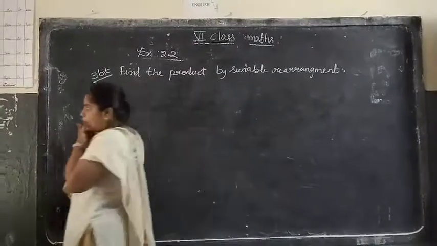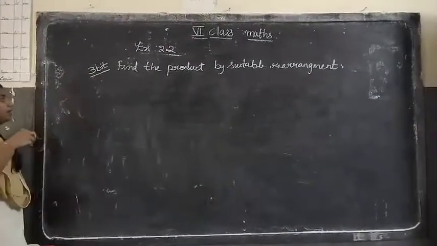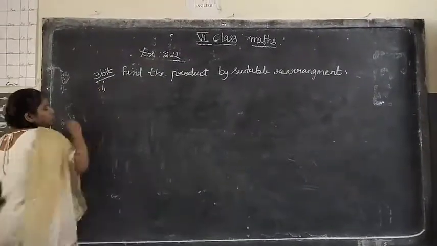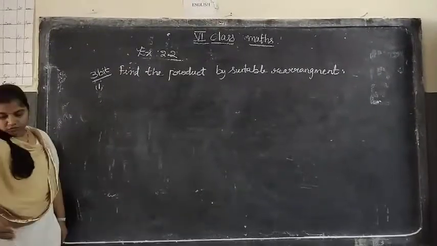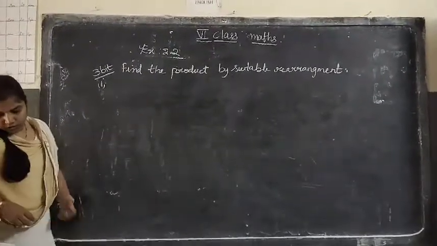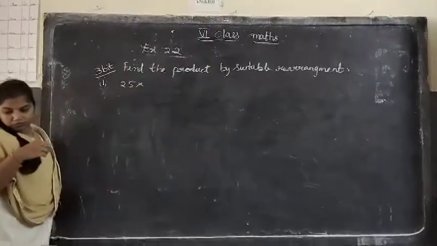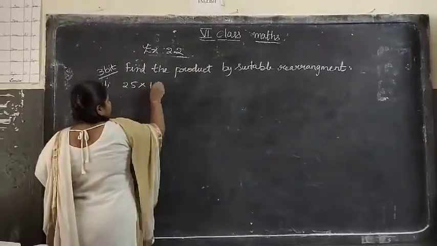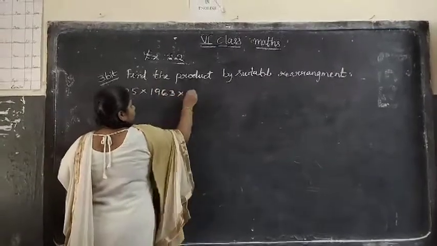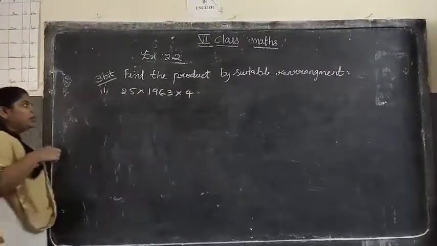So find the product by suitable rearrangement. The first bit is 25 into 1963 into 4. So we have to rearrange this.